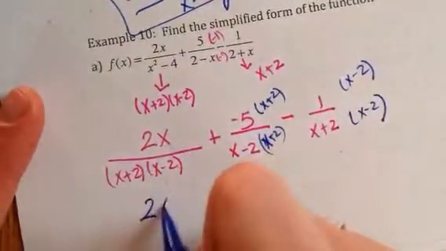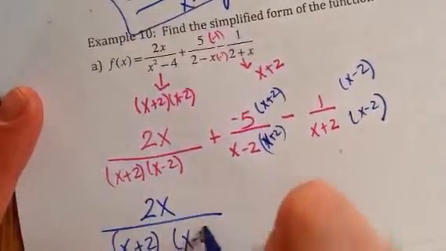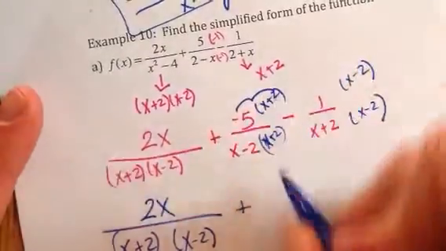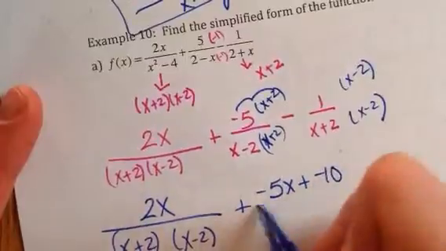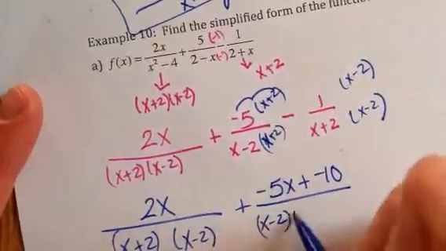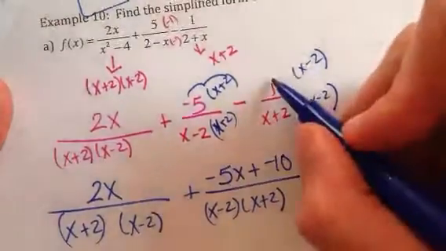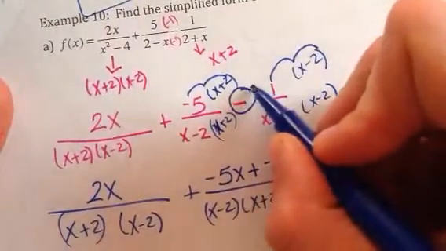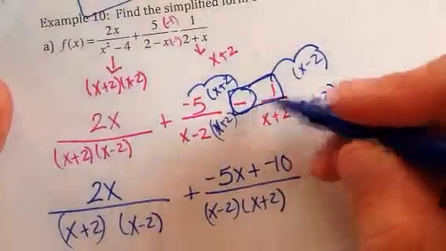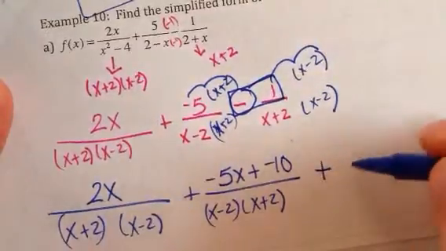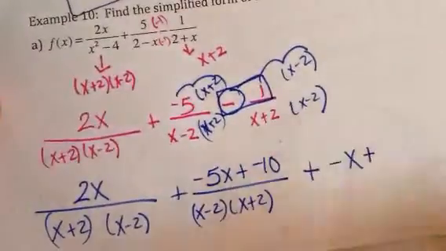So I'm going to have 2x over x plus 2, x minus 2, plus, distribute the negative 5, negative 5x plus negative 10 over x minus 2, x plus 2, minus, I would distribute the negative. I would treat this like a negative 1 to make sure I have my signs right. So negative 1 times x would be negative x, and negative 1 times 2 would be positive 2.